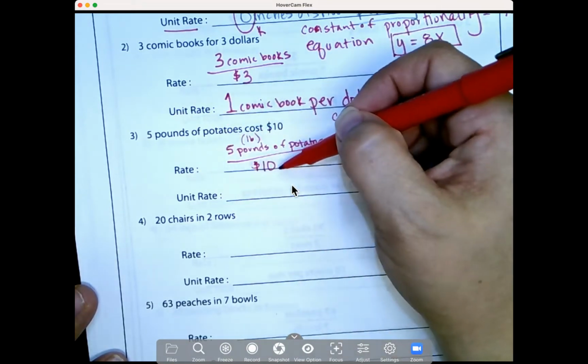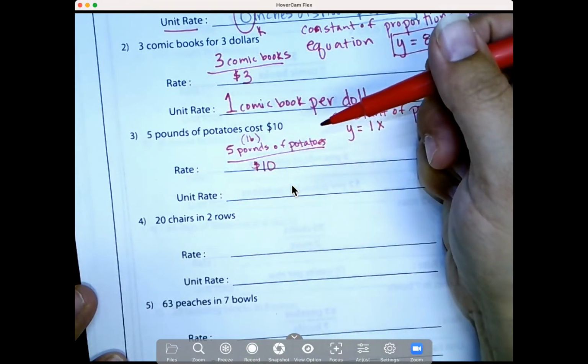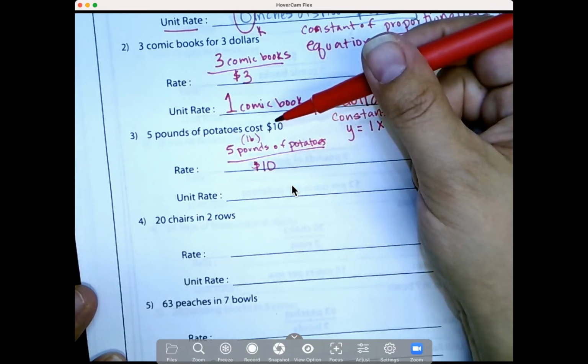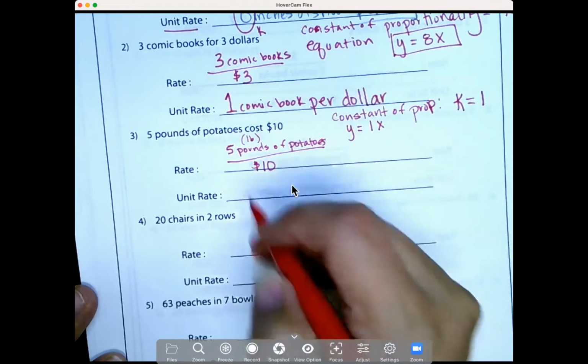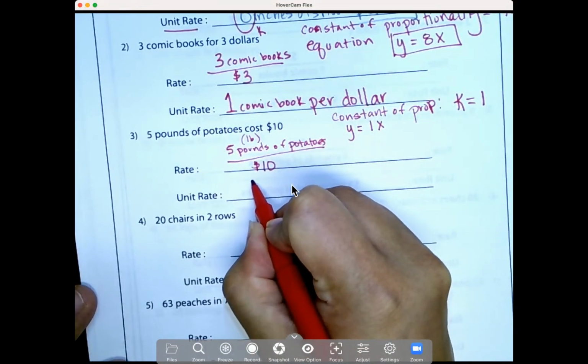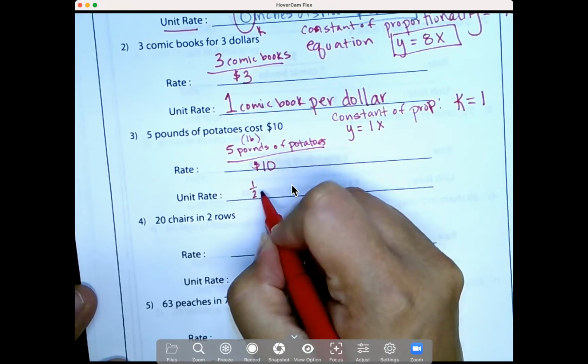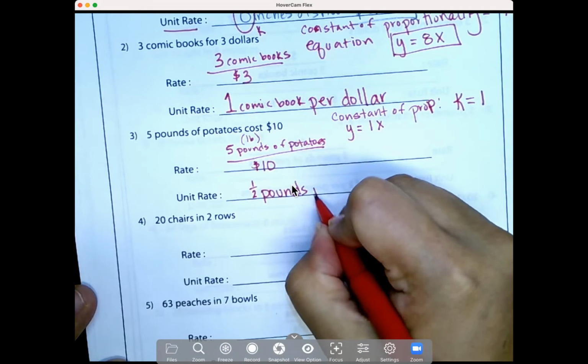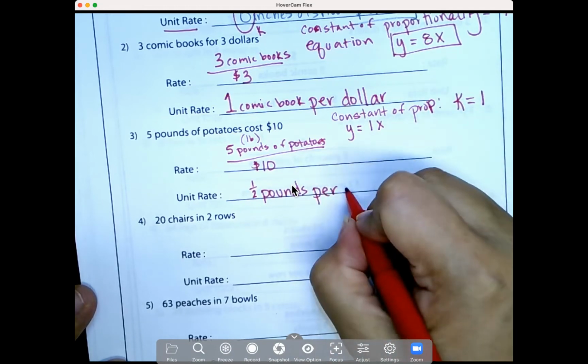Well, if I do 5 divided by 10, that's going to give me 1/2. So I'd have 1/2 pounds per dollar.